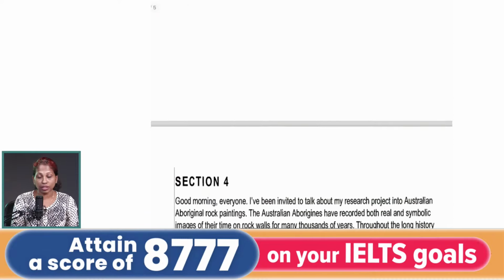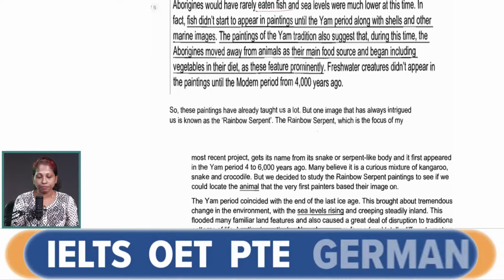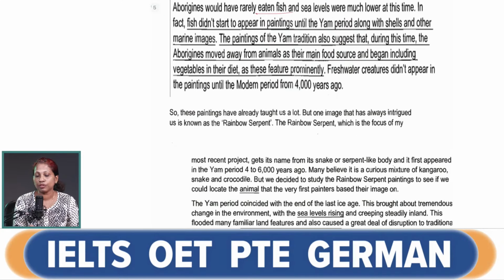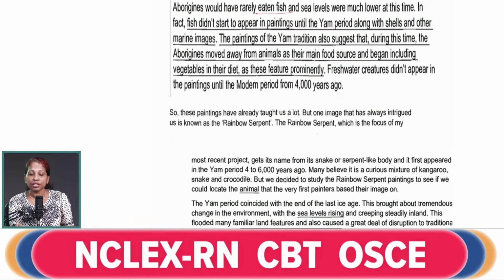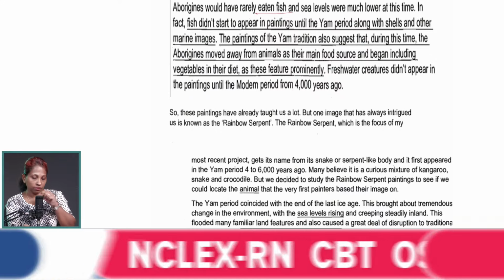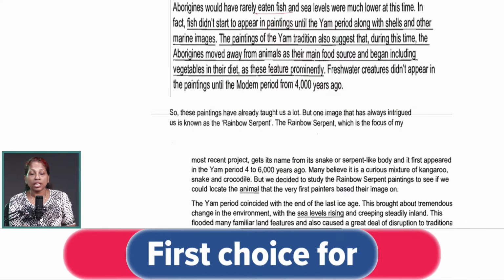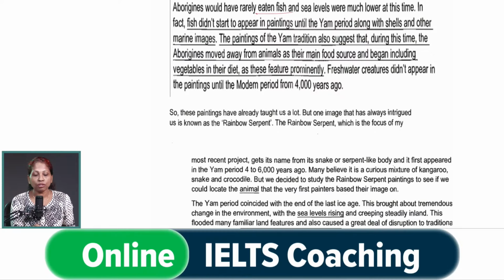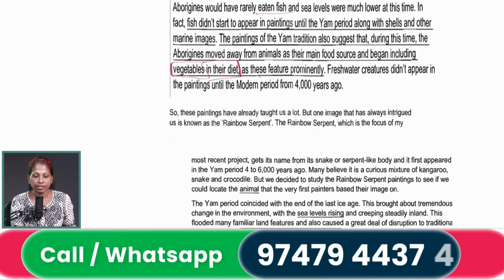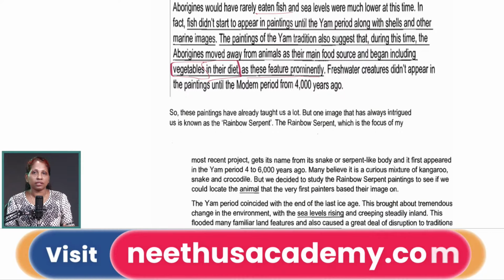Similarly, continuing that part of the audio, they are telling that the paintings of Yam tradition also suggest that during this time the Aborigines moved away from animals as their main food source and began including what? Vegetables in their diet, as these feature prominently. So from these paintings the researchers found out what kind of things they used to eat, right?